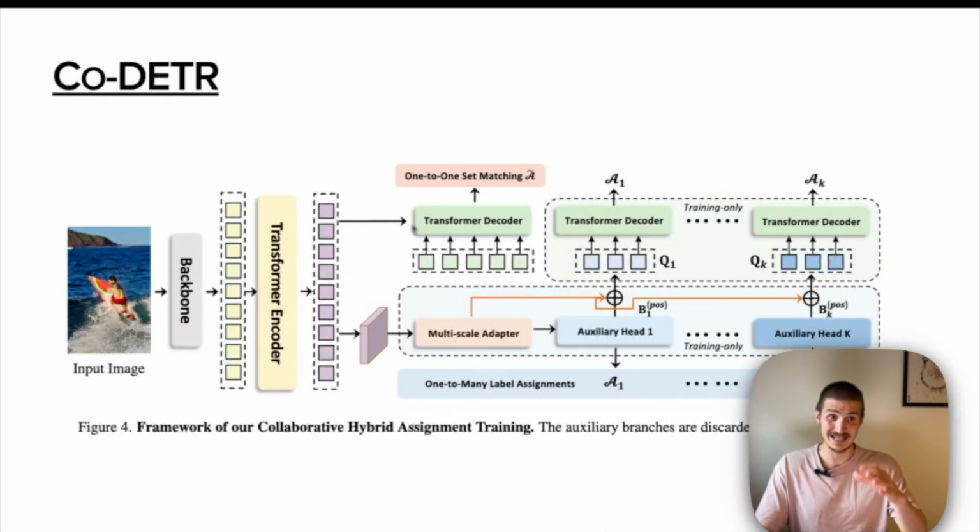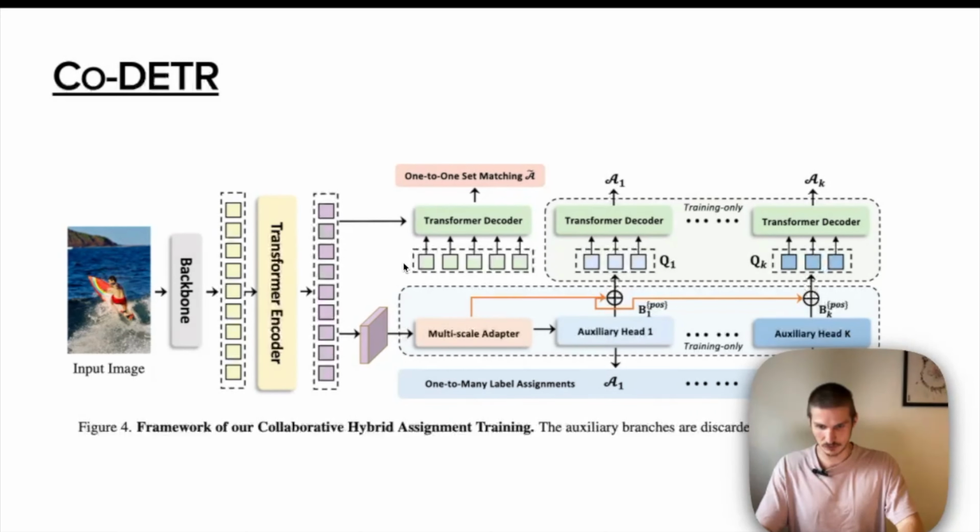So what Co-DETR and DINO actually use is called mixed query selection. The decoder input can be seen as a content part and a positional part. In Co-DETR, the content part will come from the statically initialized queries, and the positional part will come from encoder proposals.